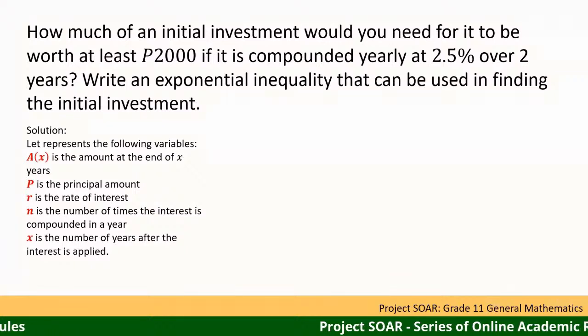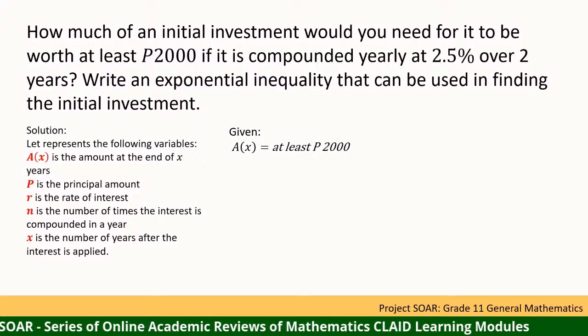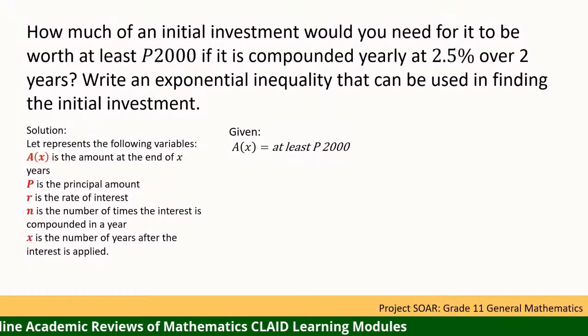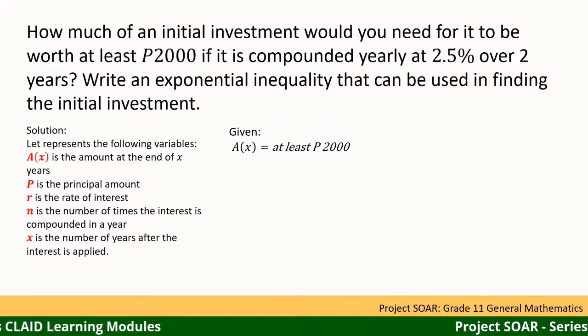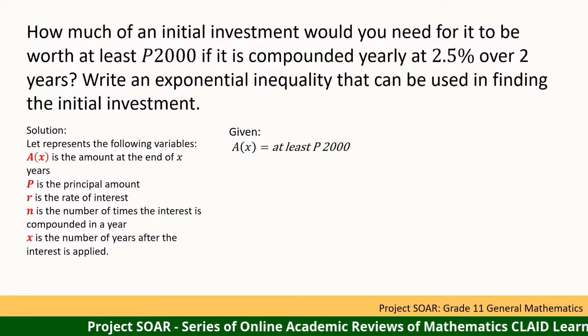Now, what would be the given in the problem? We have A of X is equal to at least 2,000 pesos. Okay, so ang ibig sabihin, yung total amount natin na hindi po bababa sa 2,000. Okay.